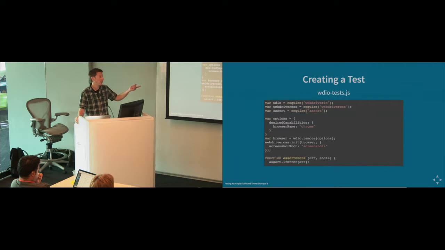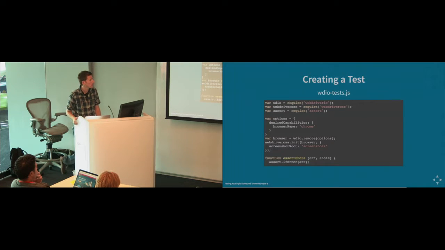Here we're just specifying the browser that we want to use. It can work with Chrome, Safari, Firefox, and Phantom.js. And the cool thing about the fact that it works with Phantom.js as well is that that's a headless browser, so it's nice for being able to run the tests as part of a continuous integration process. Then you can also pass in options for WebDriver CSS as far as where the screenshots are being saved.